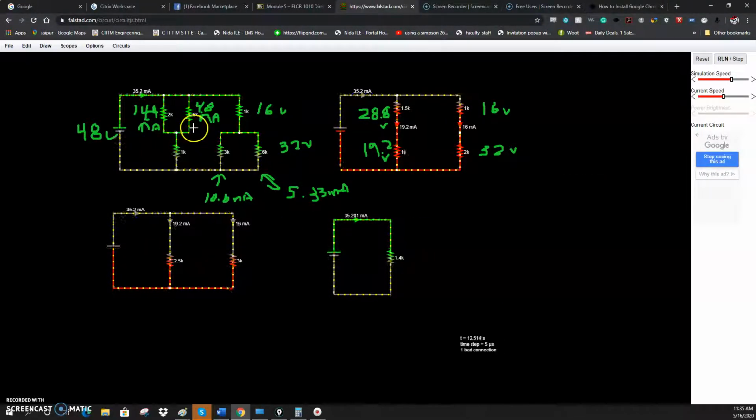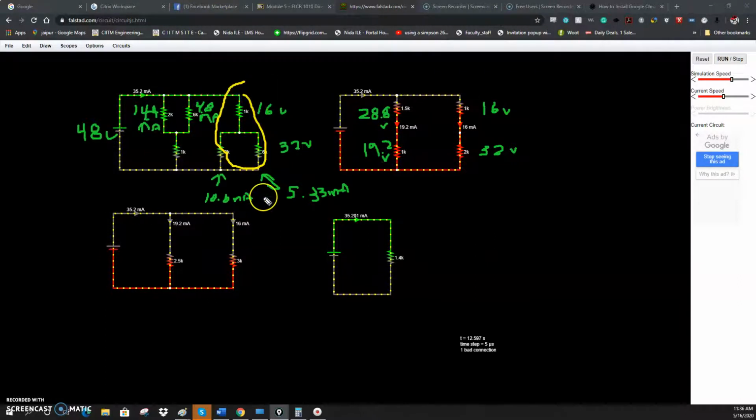So again, to recap a little bit, I'll draw a little bit and I'll use a different color other than green. But obviously this is a parallel branch that has parallel branches in it. This is a parallel branch that has parallel branches in it. So what we needed to do was solve this parallel branch, put it back in series with this 1K that's right here.